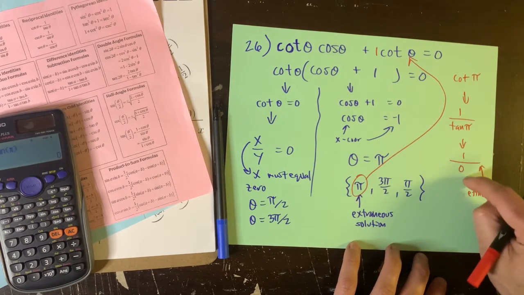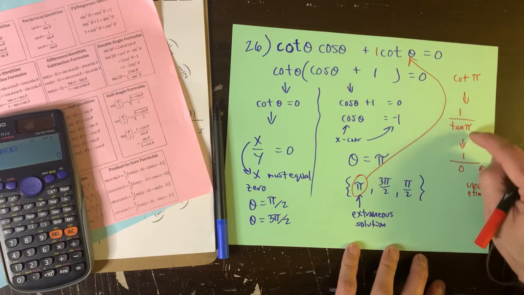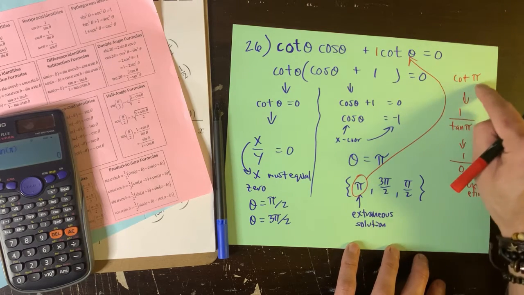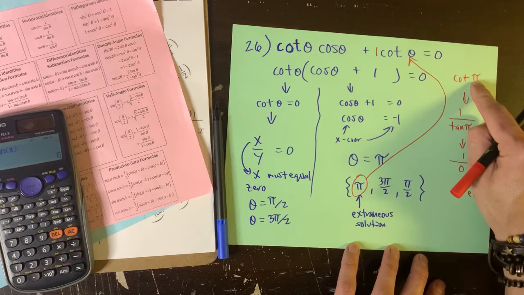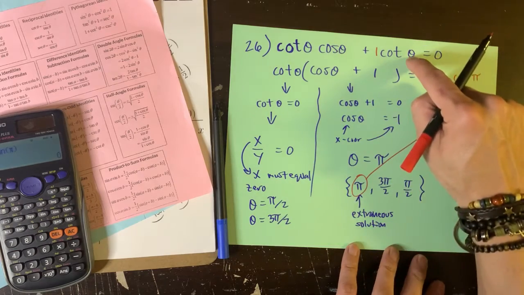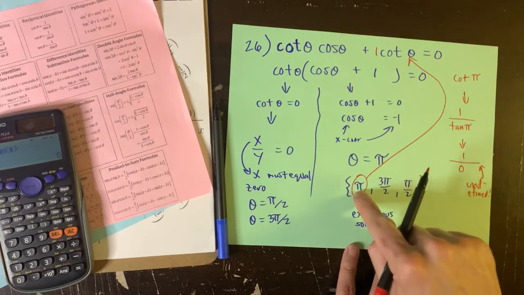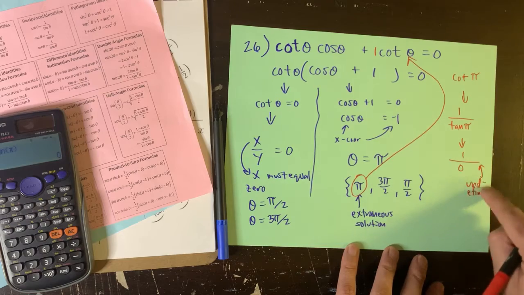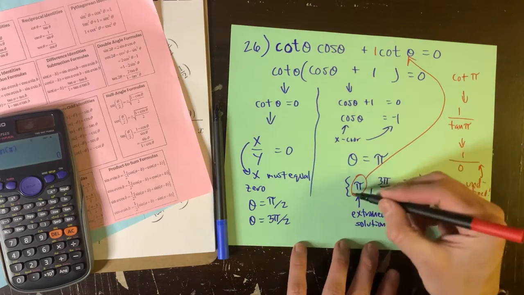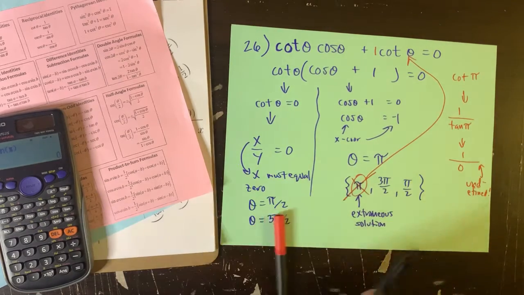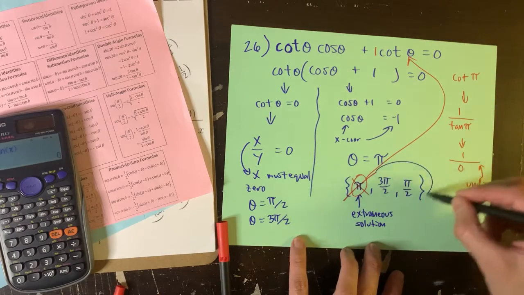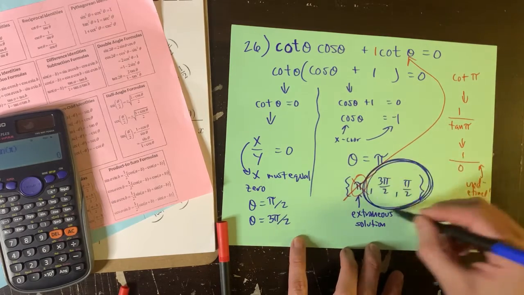So 1 over 0 is the same as 1 over tangent of pi, which is the same as cotangent of pi, which is what you get when you plug in pi, and that's bad. Pi leads to 1 over 0, which is undefined. For that reason, this answer is no good, and the only solutions would be these two right there.